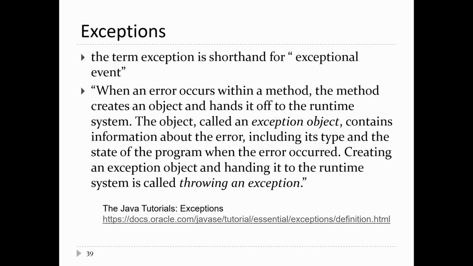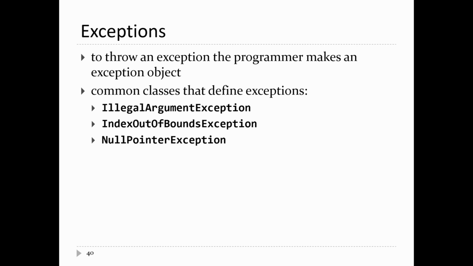If the caller doesn't have code to handle the exception, whoever called the caller now gets the exception, and so on and so on until you get back to the main method. If the main method doesn't handle the exception, then the program stops. So creating an exception object and handing it to the runtime system, that's called throwing an exception in Java. In Python, you'd raise an error.